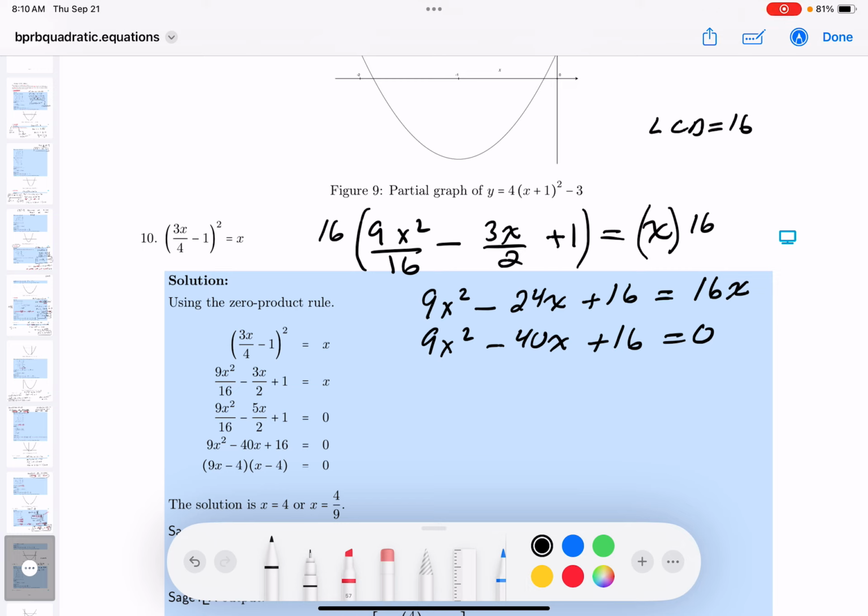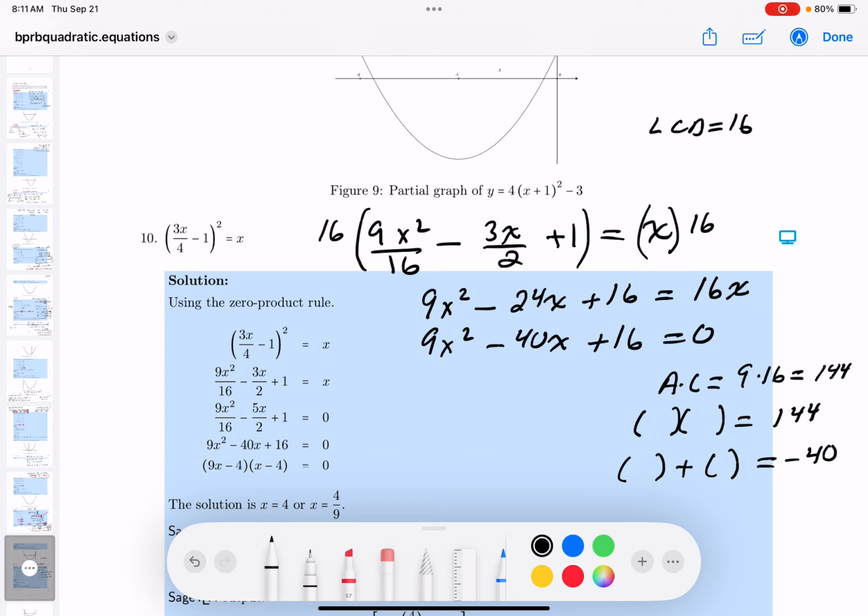So I'm going to talk about the AC rule. In the AC rule, you take the 9 and 16 and multiply them together. That's not so bad. You can use a calculator if you need to, but it's 144. What they need to do is find two numbers that when multiplied together give you 144, and the same two numbers, when added together, give you that middle coefficient, which is minus 40.